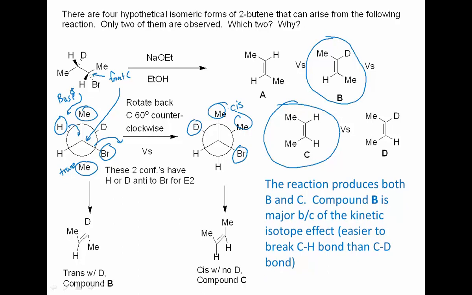The hydrogen's more reactive than the deuterium. It's also likely that the conformation on the left is a lot more stable than the one on the right, so we're going to see more of it for that reason. But we should not see any of A and D. We should see only B and C, but a lot more B than C.